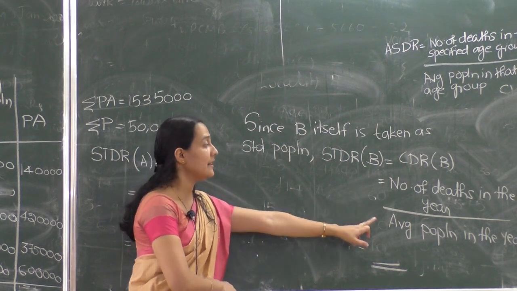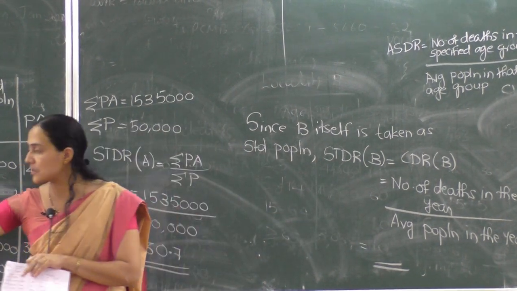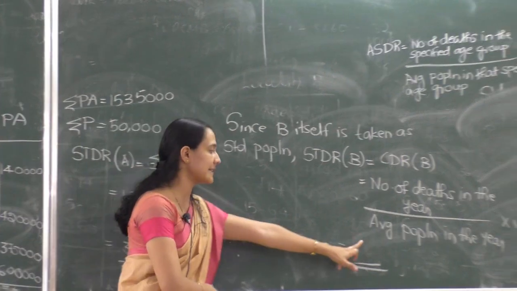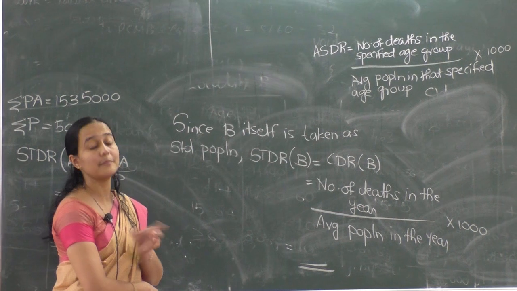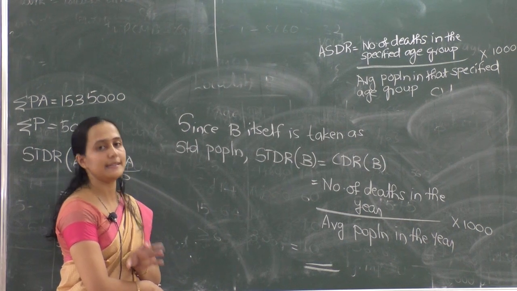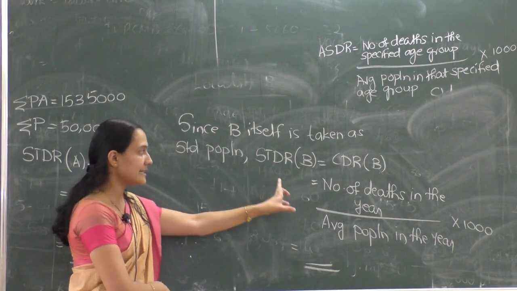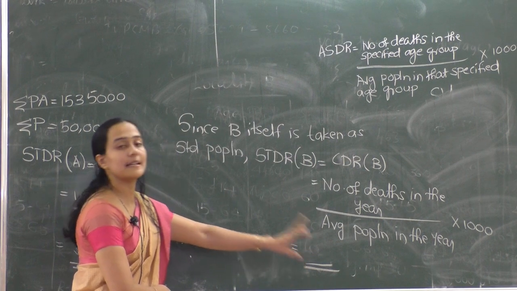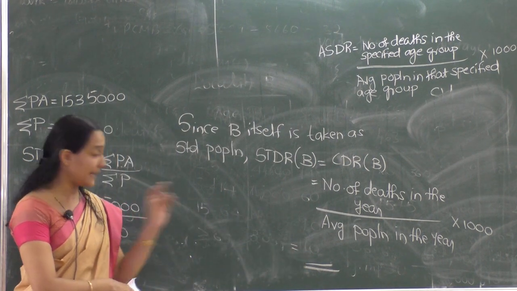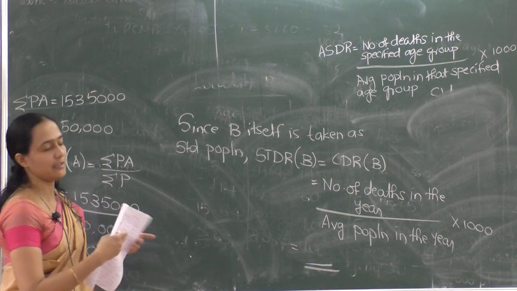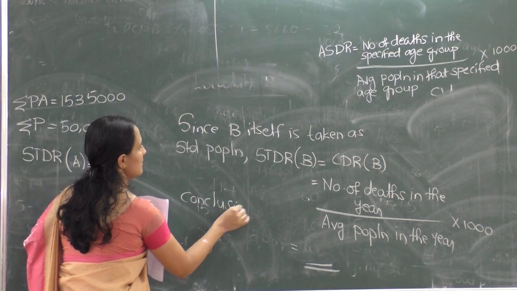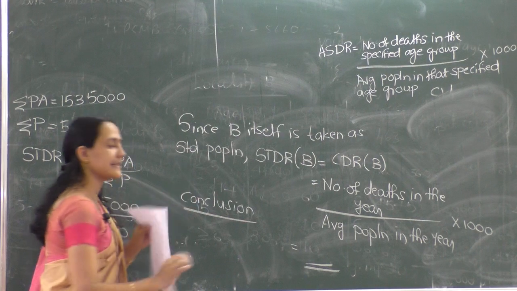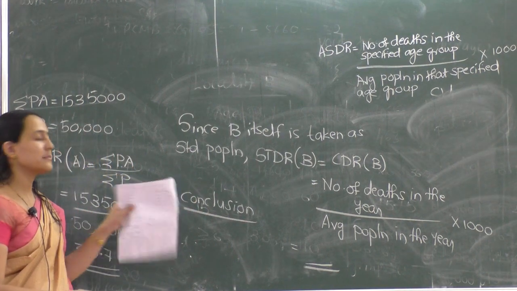Whichever STDR is less, that population is more healthier. You have to write the conclusion also. Which STDR is less, that population is more healthier.